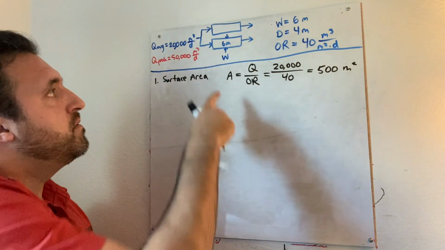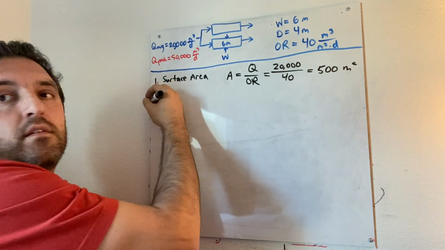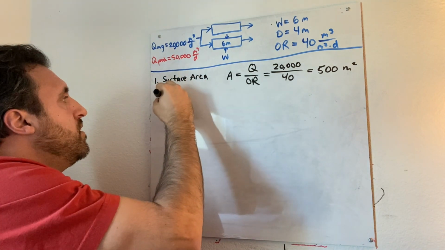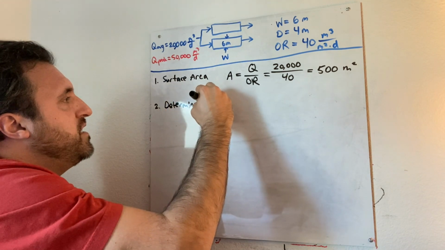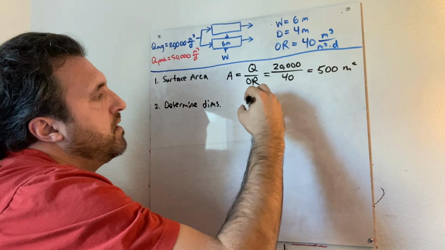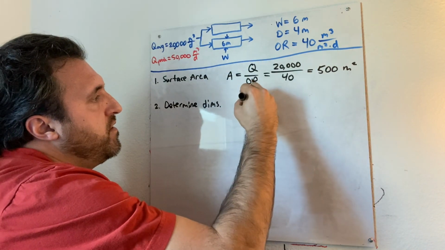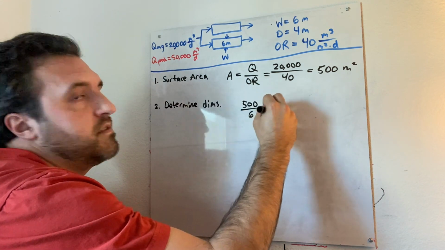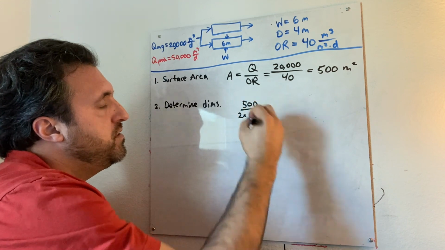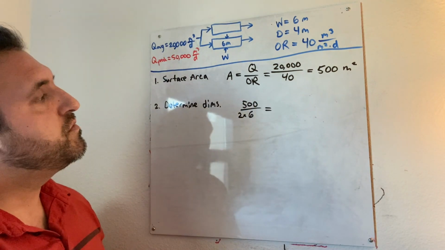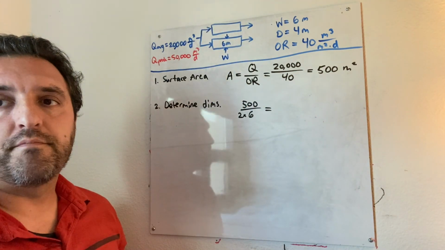All right, so now, since we have a set width, we're going to be able to determine the length. So step 2, determine the dimensions. The area is 500. 500 divided by 6, and remember that we've got to multiply this by 2 because we've got two of these in parallel.